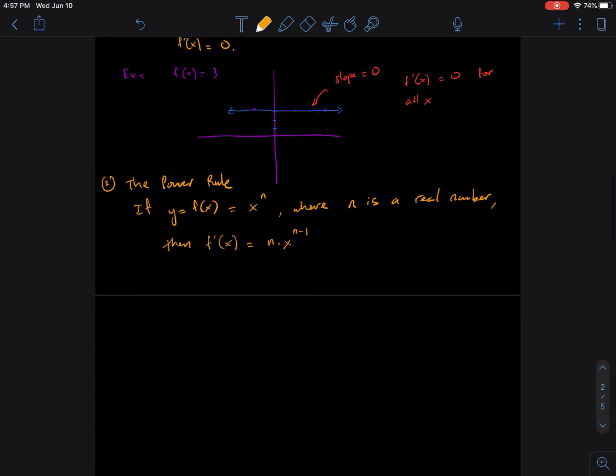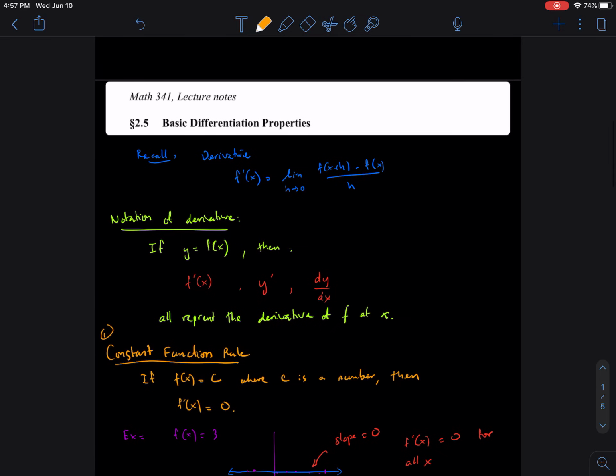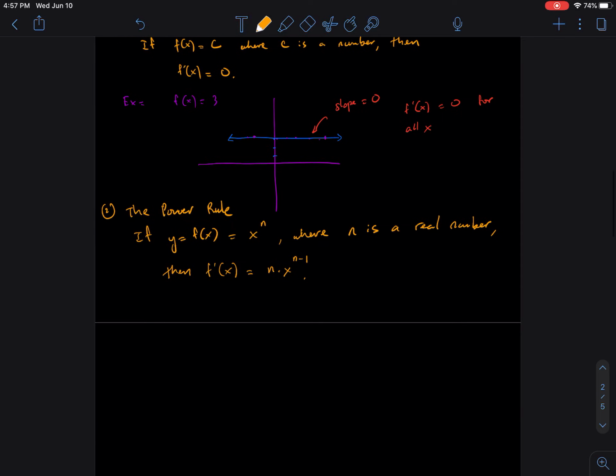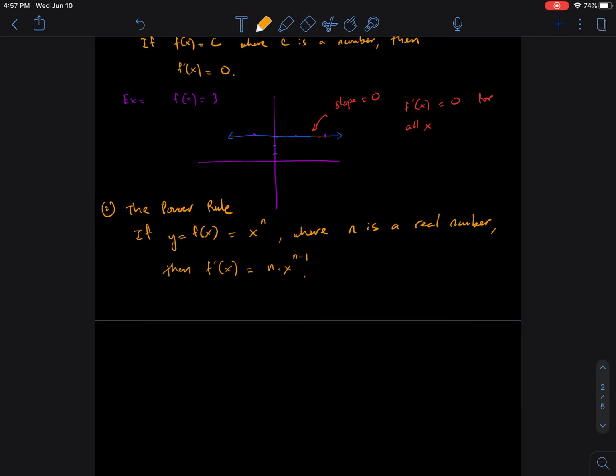So instead of going through this long method of taking the limit of that difference quotient to find the derivative function, we can just use the power rule. This would be the formula that we're using to find the derivative of any polynomial in this form.